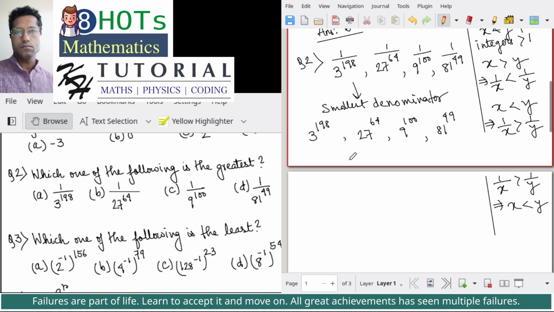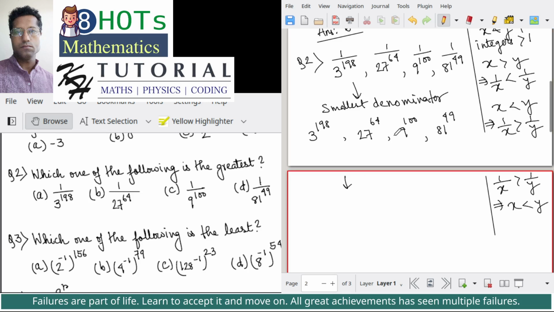Now how do we know which one of these exponential terms will be the smallest? The first thing we need to check is whether all the bases, in this case 3, 27, 9 and 81, can be expressed as a power of a common number, which we can.